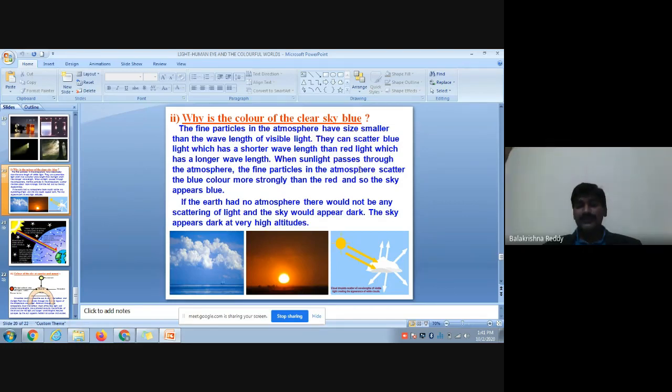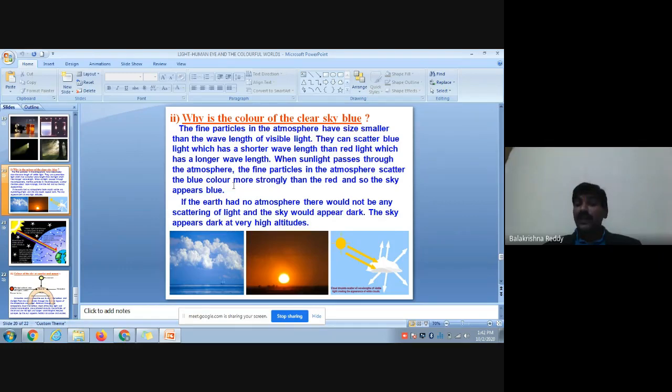Already we discussed, red light has the longer wavelength, so it cannot pass through small particles in the atmosphere or in the sky. So that's why it appears only blue. When sunlight passes through the atmosphere, the fine particles scatter the blue color more strongly than the red, and so the sky appears blue.